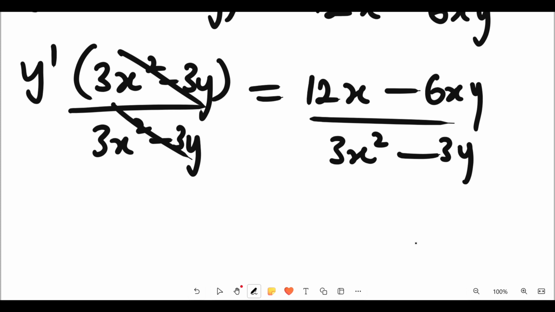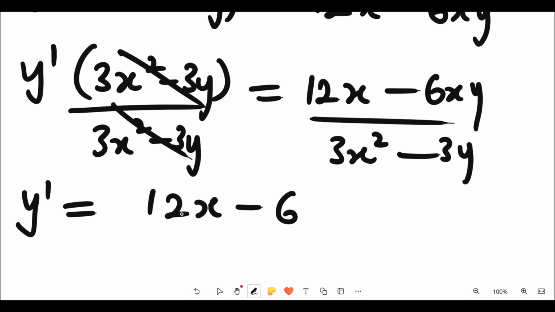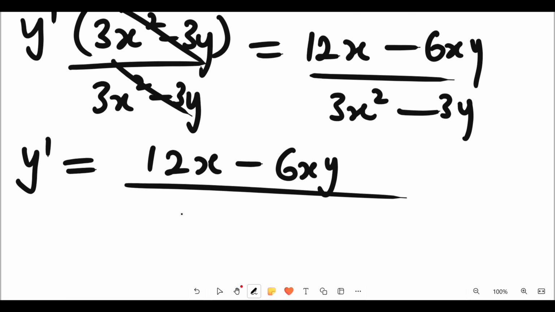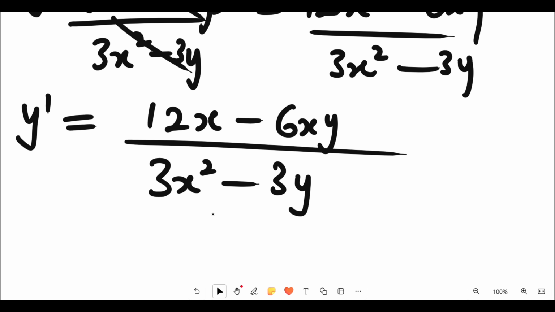So this cancels this. We are left with y prime is equal to 12x minus 6xy over 3x squared minus 3y.